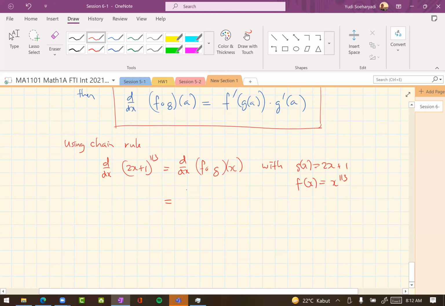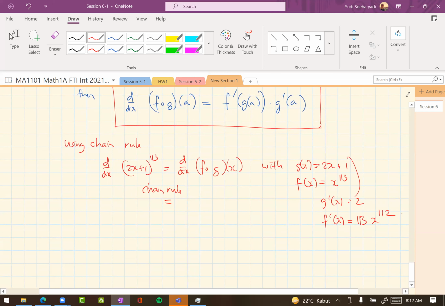According to the chain rule, this is its derivative. From here, compute the derivative: g prime is just 2, and f prime is 113 x to the power of 112.